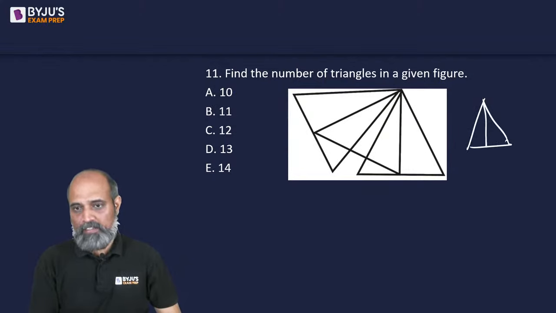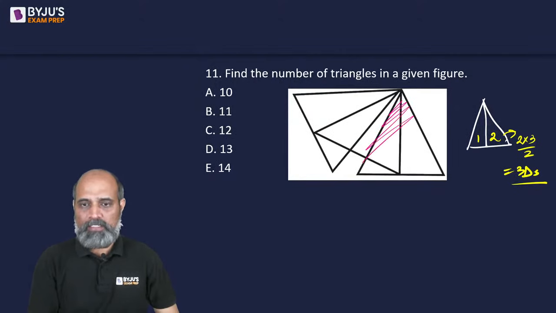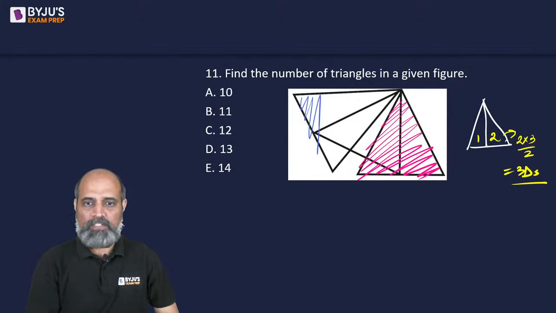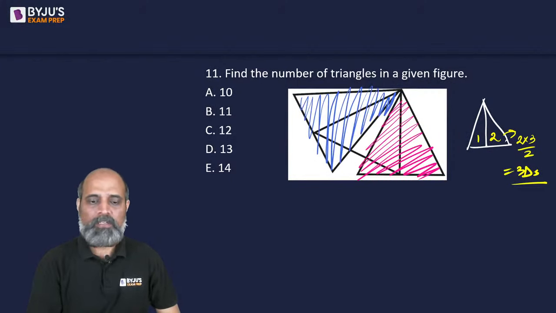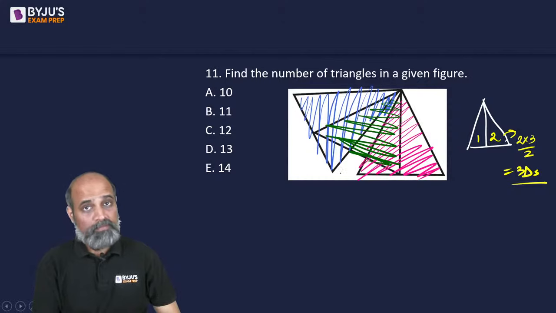If you have a triangle, इधर से अगर line draw करो, तो आप क्या करते हो? आप ये 1 2 लिखते हो और last number जो आता है that into next number by 2 कर देते हो. So there are 3 triangles. Use that logic to figure out the number of triangles in this large figure, number of triangles in this large figure, number of triangles in this large figure. उसके बाद छोटे छोटे वाले कुछ अगर बचे हैं तो उनको count कर लो.